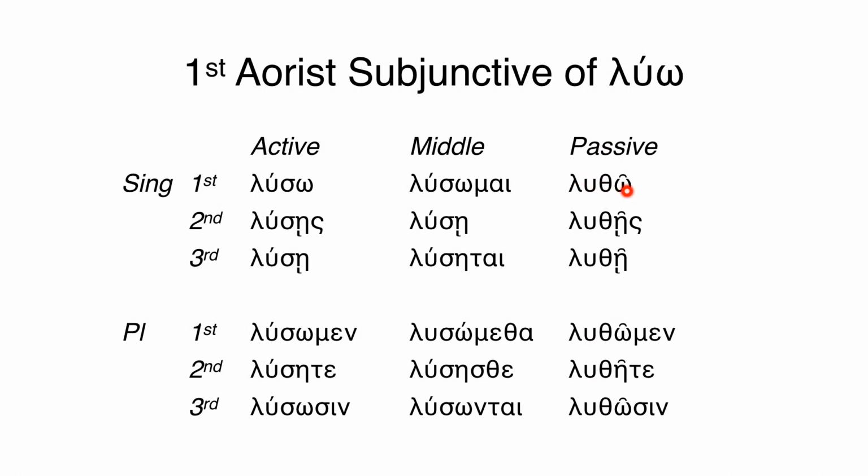So we have lutho, luthes, luthe, luthomen, luthete, luthosin, or litho, lithis, lithi, lithomen, lithite, and lithosin. So that gives us all the present and aorist subjunctive forms in all the voices. Easy to form, and really you've just learnt a whole new mood.